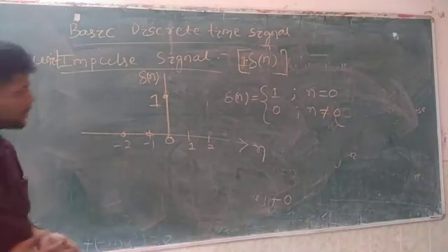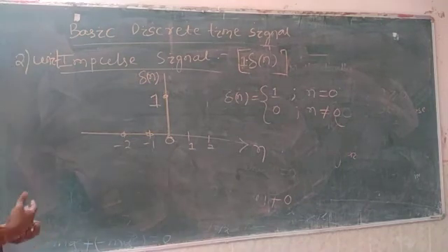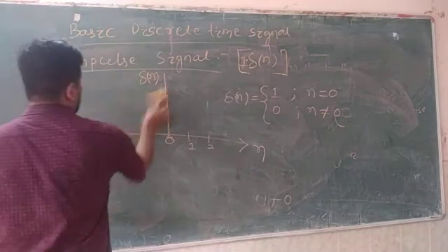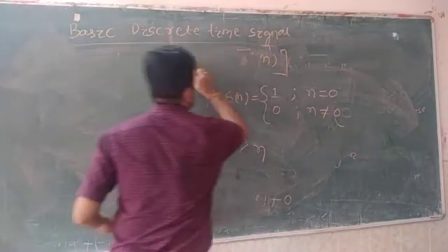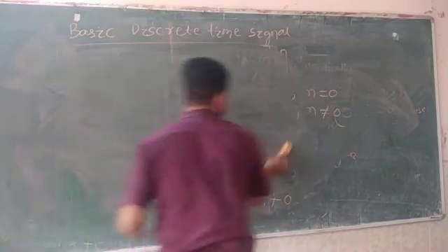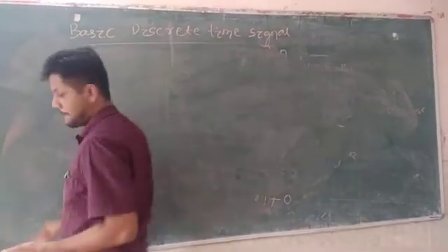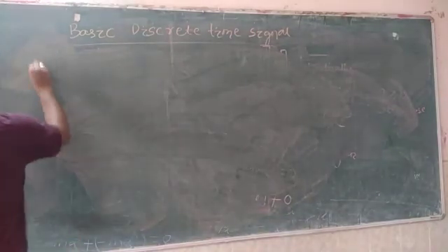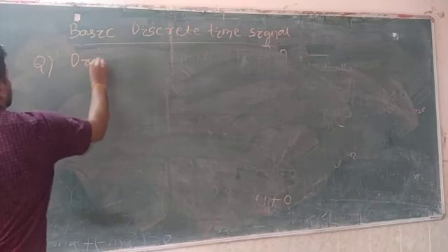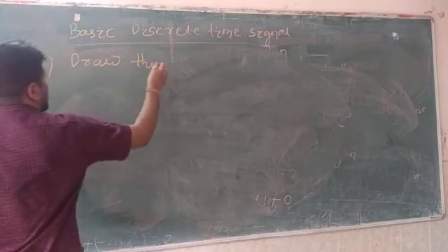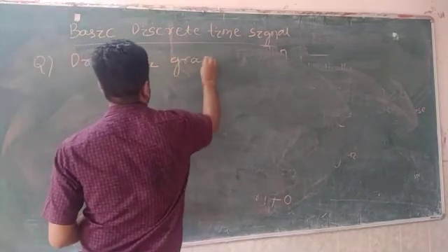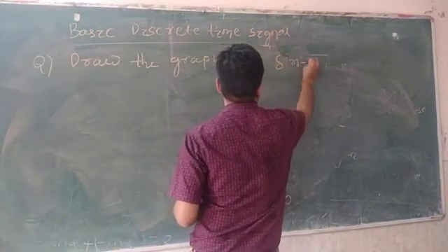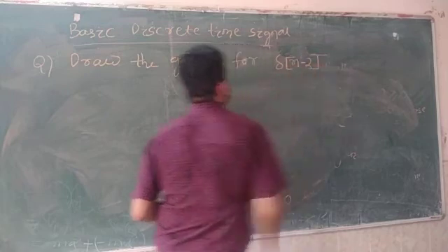So next, I will explain one more example. For example, the question is: draw the graph for delta of n minus 2.